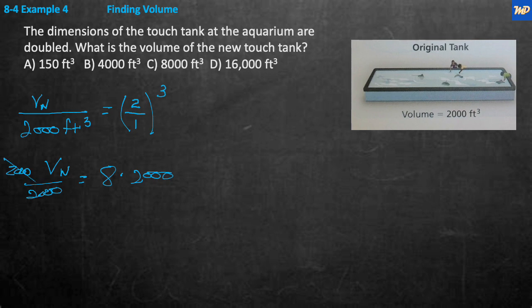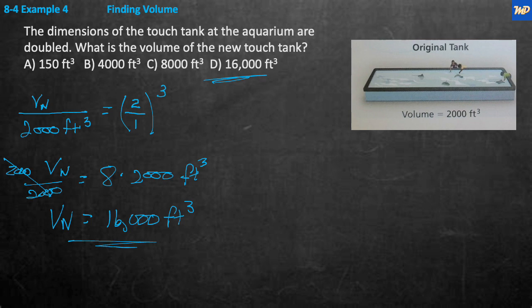The 2,000s cancel, so the volume of the new tank is equal to what? And it's cubic feet. 8 times 2 is 16,000 cubic feet. Answer is D.